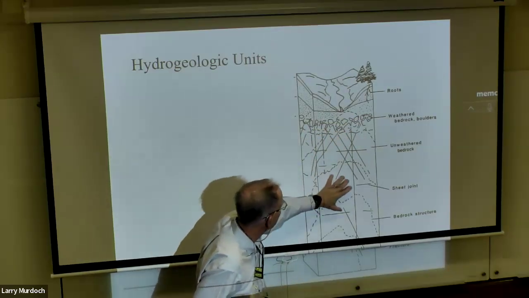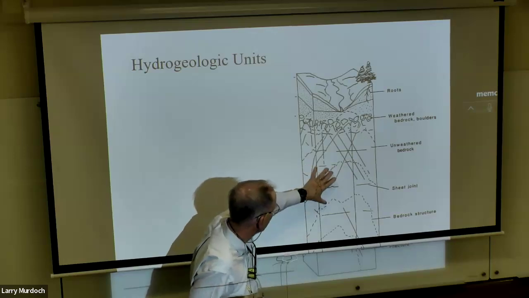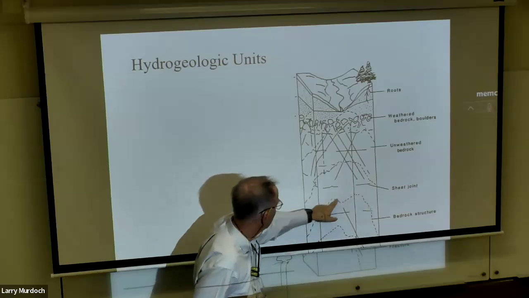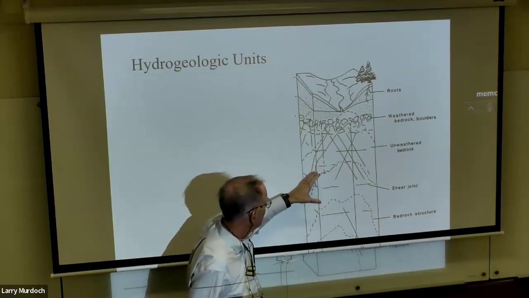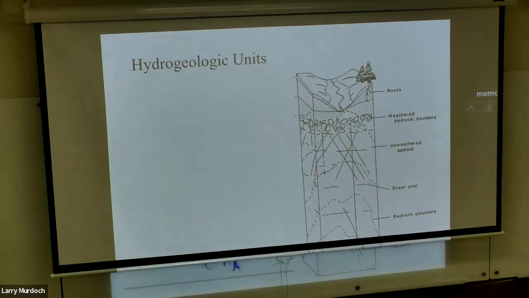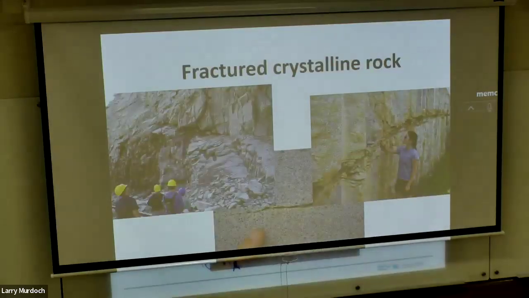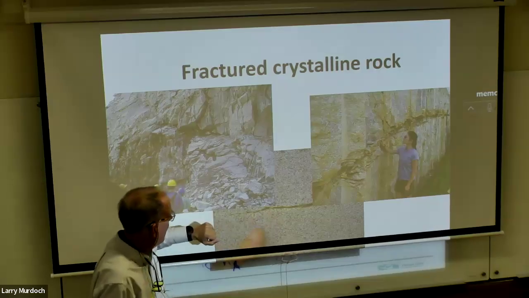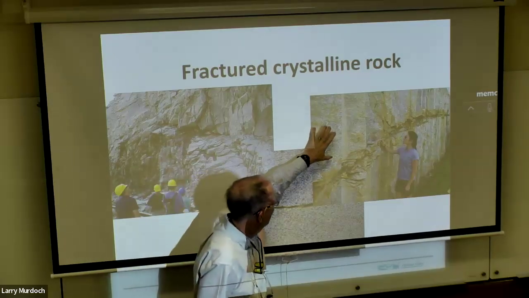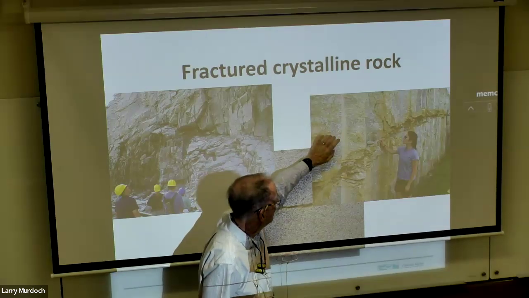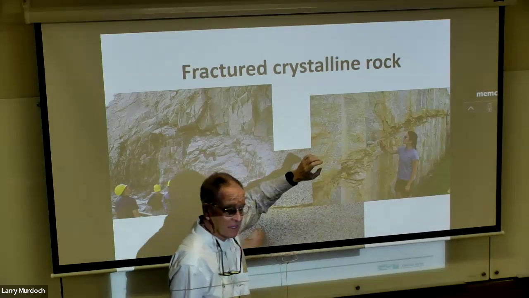And what's shown here is crystalline rock with this kind of structure here. The rock that I showed you on the previous page, I'll take a quick look here. So this is granite. This is igneous rock. This is crystalline rock, but it's a metamorphic rock called gneiss.